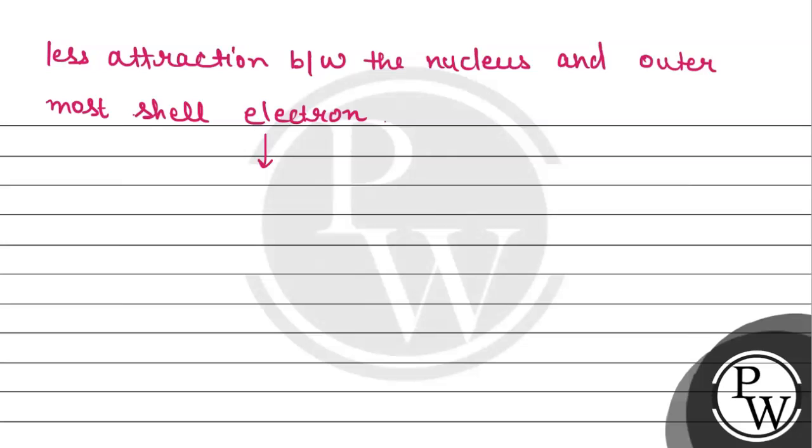So as the number of shells increases, it will be easier to place the electron into the outermost shell. Hence we can say in the group the electron affinity will decrease, because we will have to give less energy as the number of shells increases.